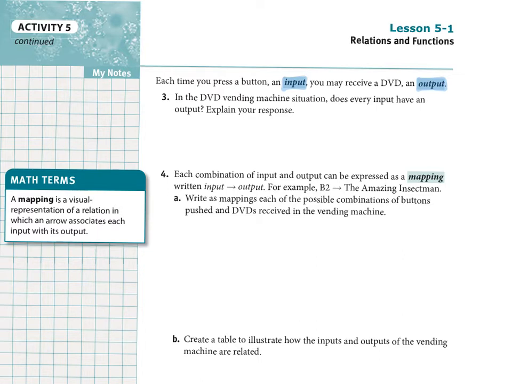So we know button B1 does not have an output since it's sold out. So we're going to say, no, button B1 doesn't have an output, and that's because it's sold out. The movie is sold out.